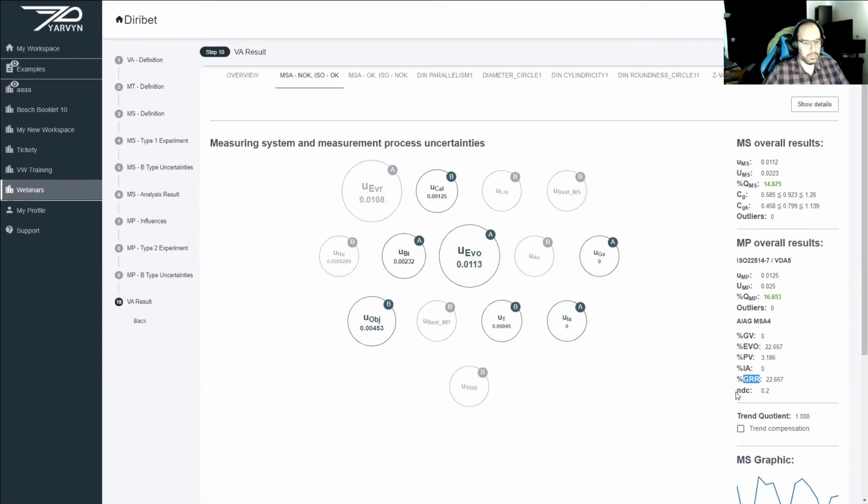To gauge R&R, which here is the 22%, only repeatability on workpiece, reproducibility over measurement system, and interactions go. Only these three components go into the gauge R&R results. And in this case, those components are too big. So that's the reason why gauge R&R is out of the limits.